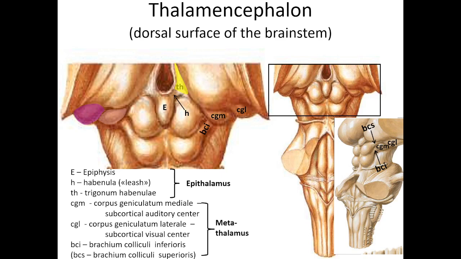And now all these four structures, two geniculate bodies and two brachia, they together forms metathalamus.